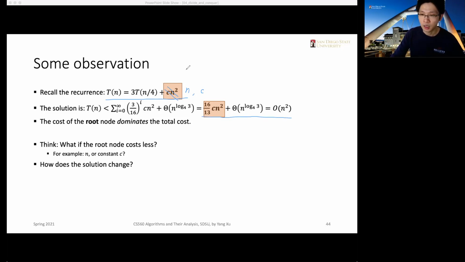Based on our observation that these two are quite related to each other, it makes sense to infer that the final solution is very much related to the function here.